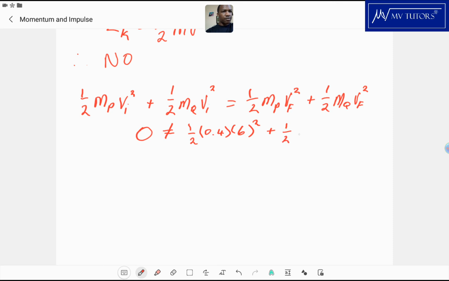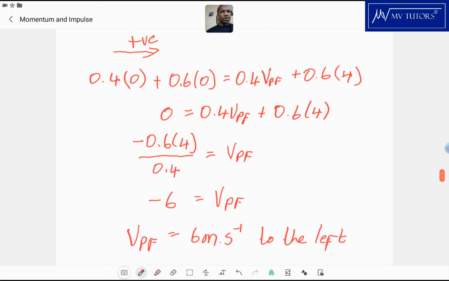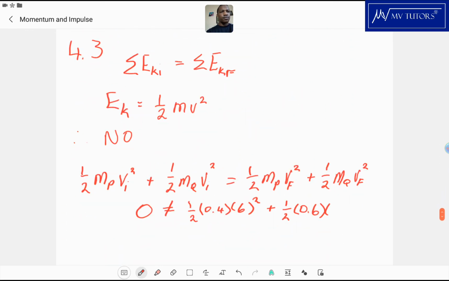This side is going to be half, the mass of Q was 0.6, and its final velocity was 4. Let me just verify. Yes, it was 4.